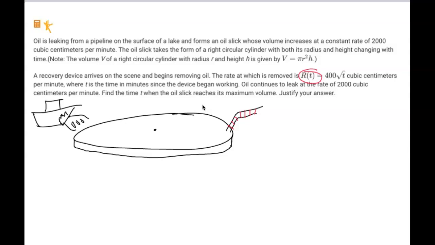So the overall rate of change in volume, I'll call that dV/dt, that's my overall volume rate of change of my oil slick, is just going to be the rate that it's going in minus the rate that it's coming out, right? So that's just going to be 2,000 minus R of T.